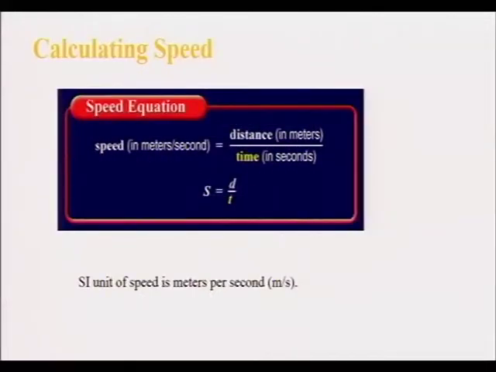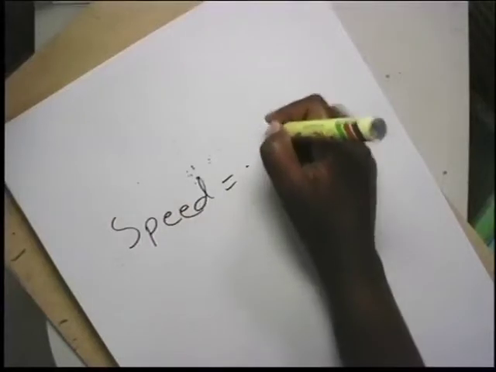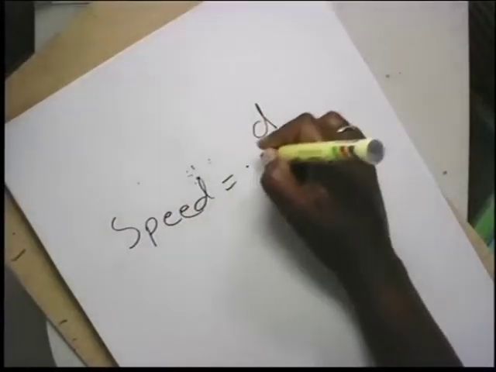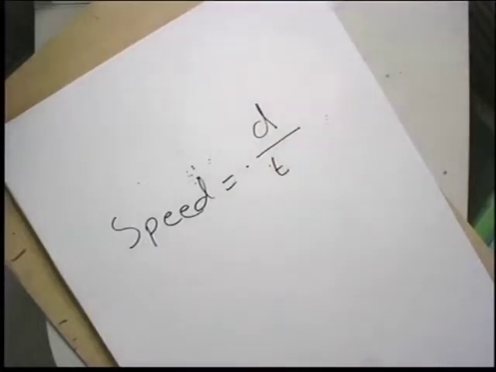And this is the formula that we use for calculating speed. So speed is given by the distance traveled divided by the time it takes to travel that distance.